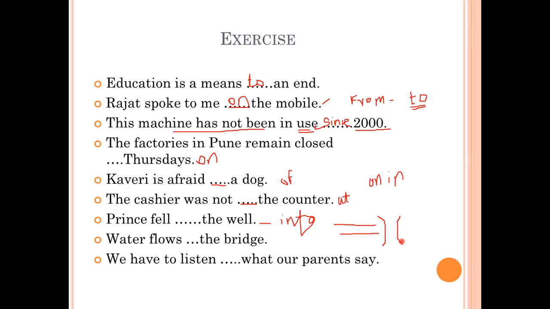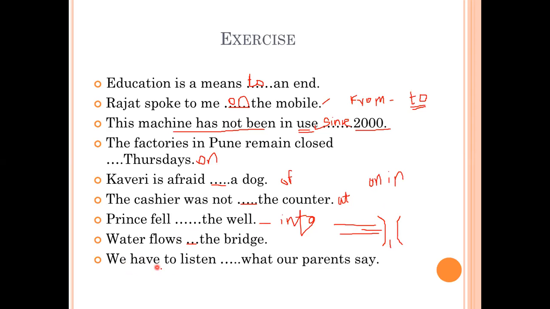What is the purpose of a bridge then, if it is on the bridge? Under the bridge. Suppose this is a river, so the water is flowing under the bridge, not on or above. So it should be under the bridge.